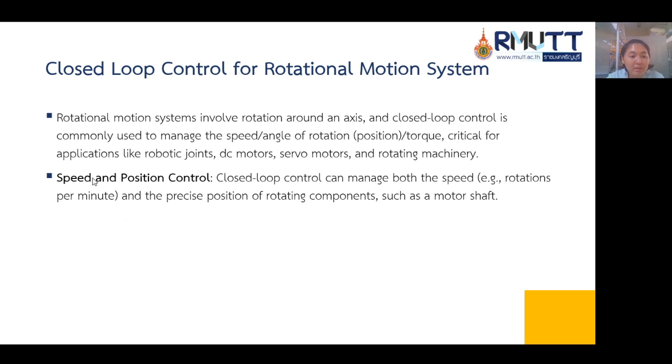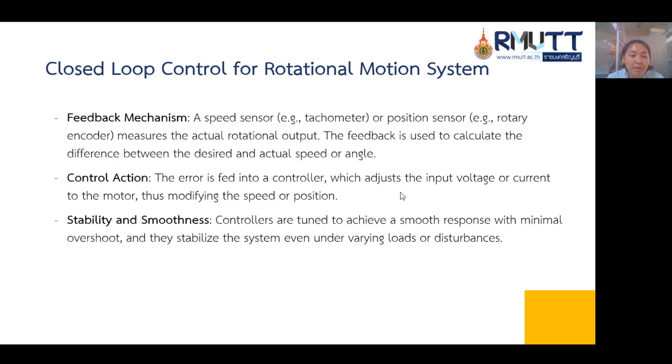And then in the speed and position control, closed loop control can manage both the speed, for example rotation per minute, and the precise position of rotating components such as a motor shaft. Then for the feedback mechanism, a speed sensor like a tachometer or position sensor like a rotary encoder measures the actual rotational output.